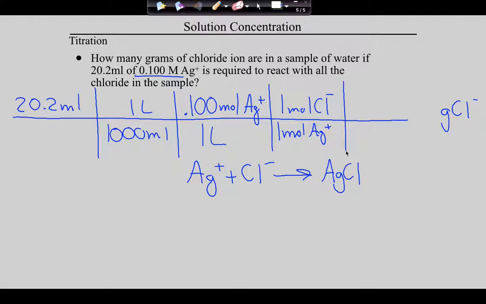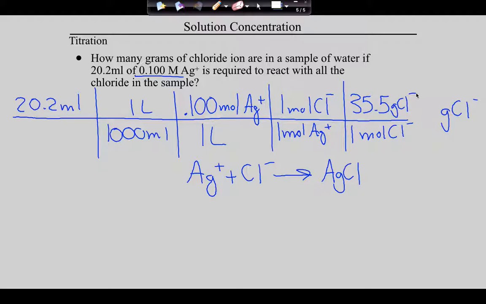Now can we get to grams of chloride? Now we need the formula mass. 1 mole of chloride is 35.5 grams of chloride. And now we do the math.